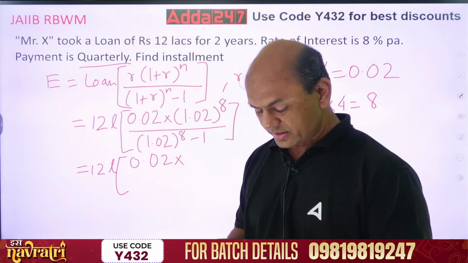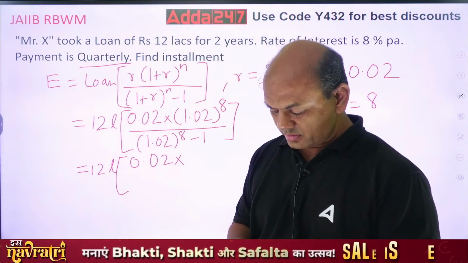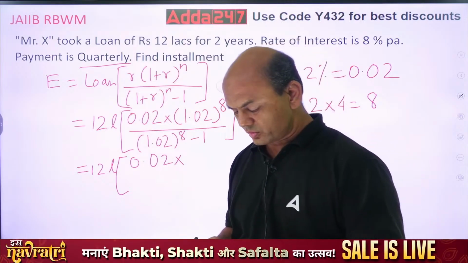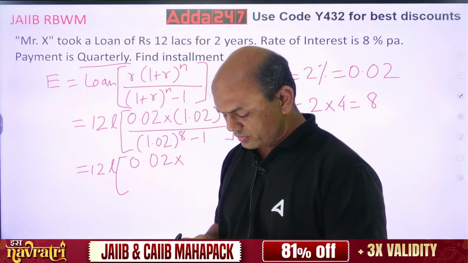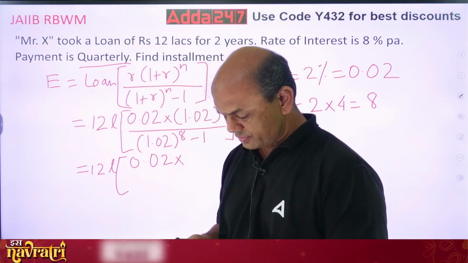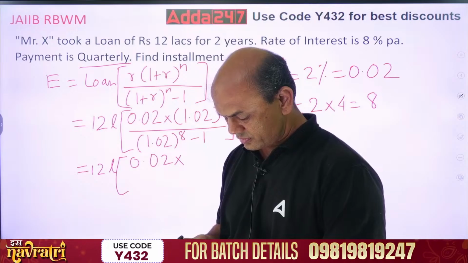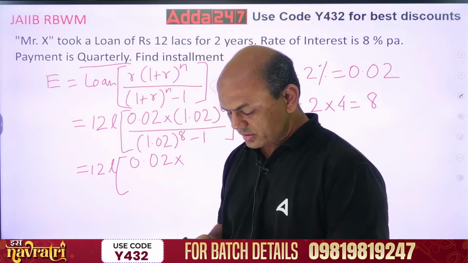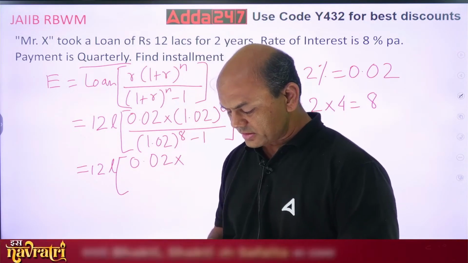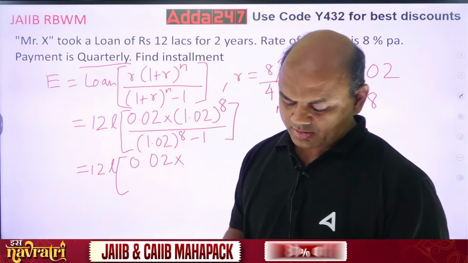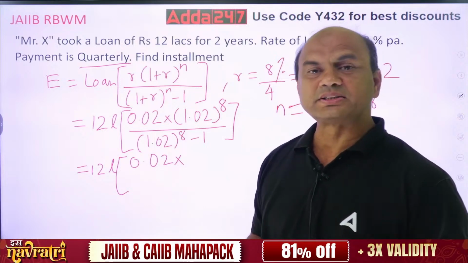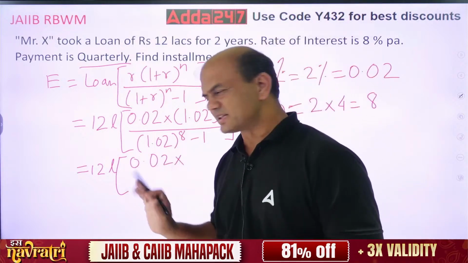So do it, everyone. 1.02 raised to, into means into, equal to 7 times. So what I am getting is 1.17. Take only 2 digits, that's enough.